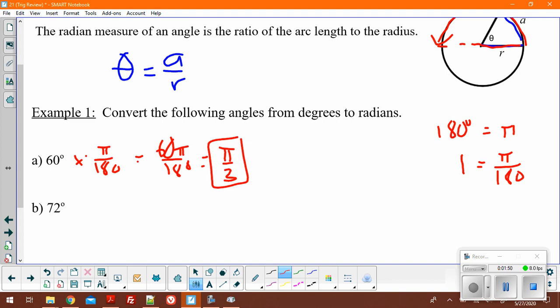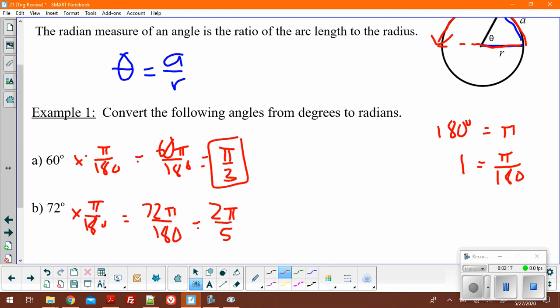Again, second angle, same idea. I multiply by a conversion factor, pi over 180. That gives me 72 pi over 180, and then clearing up the fraction, does that work out nicely? Yep. That gives me 2 pi over 5.